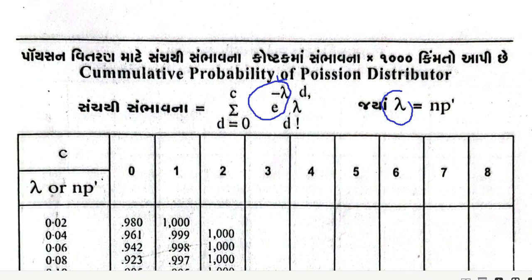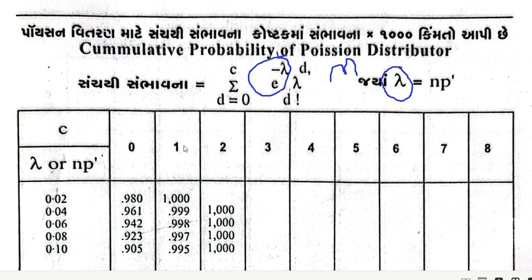Here they are denoting this by lambda, but in our textbooks we generally use m.